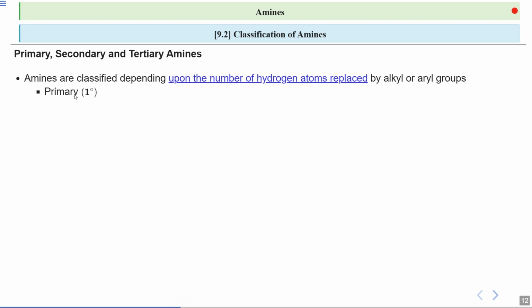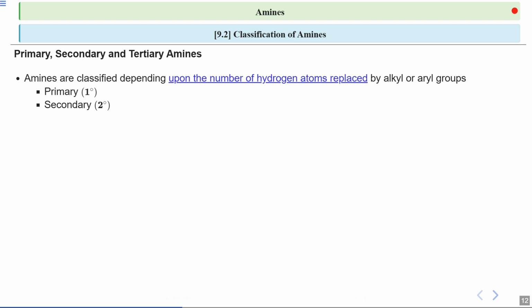In a primary amine, students, only one hydrogen of ammonia is replaced by an alkyl or aryl group. For example, ammonia is NH3 and if one hydrogen is replaced by a methyl group, we get methylamine.